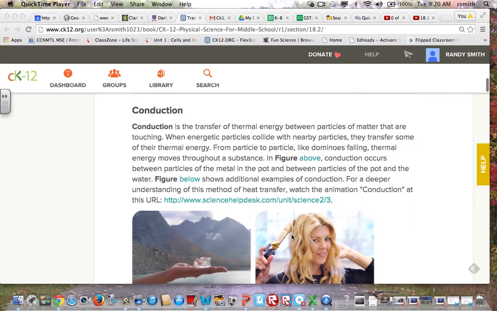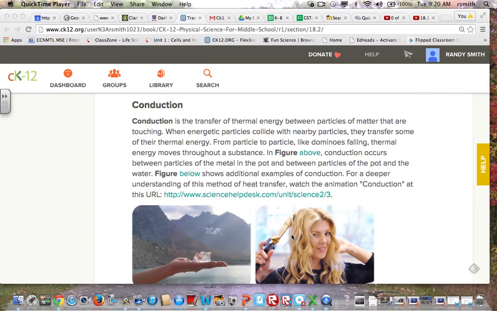Conduction. Conduction is the transfer of thermal energy between particles of matter that are touching each other. When energetic particles collide with nearby particles, they transfer some of their thermal energy. From particle to particle, like dominoes falling, the thermal energy moves throughout a substance.